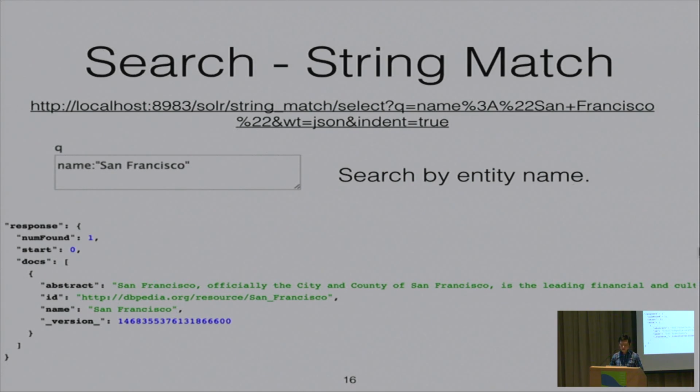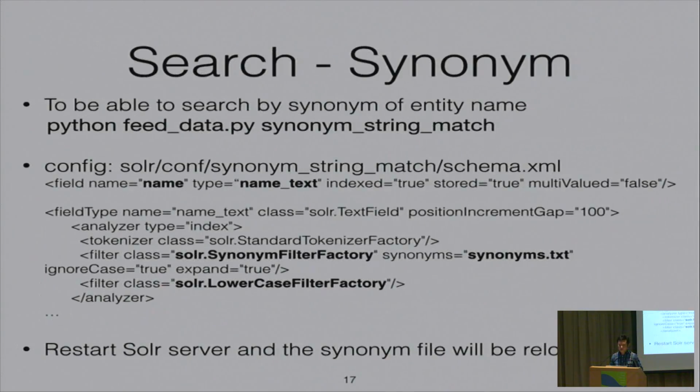Okay, so let's do some more complex search. We would like to search with synonyms. In order to do that, we have to prepare a synonym list, and we generate the synonym list file by using the data from the Wikipedia redirects. By running this command, we will generate the synonym file.